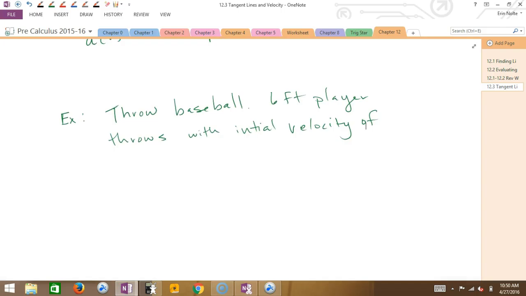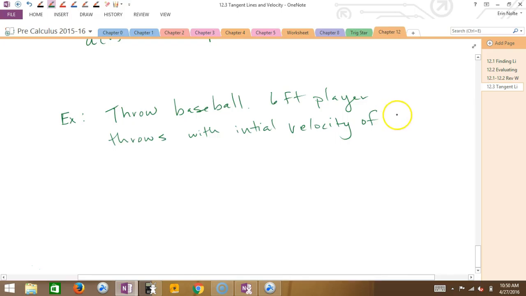Would you do the arm length? Possibly. If you were going to get super precise, there's never once that I've thrown a baseball exactly at 6 feet. It'd be more like 2. Well, let's pretend you're releasing at 6 feet, just to make this simpler.